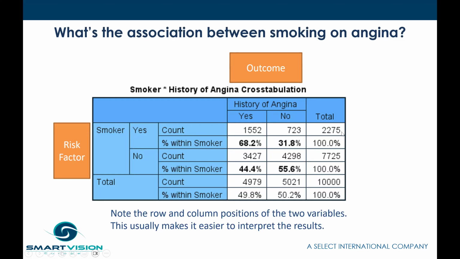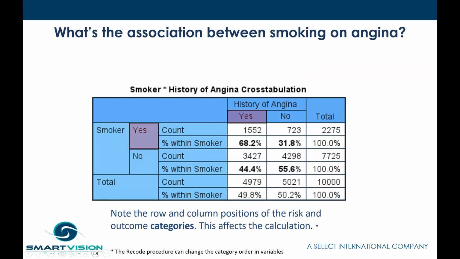But it turns out when you ask it to calculate risk, odds ratios and relative risk categories, which variable goes where is important, which is why I've gone to the trouble of marking it up here. And more importantly, I've made sure that the first value is the positive result. Yes, they have angina, and yes, they are a smoker, because it also uses these values here and assumes that the positive value, so the outcome value, that they have the condition and they are exposed to the risk factor, is indicated in the first value here.